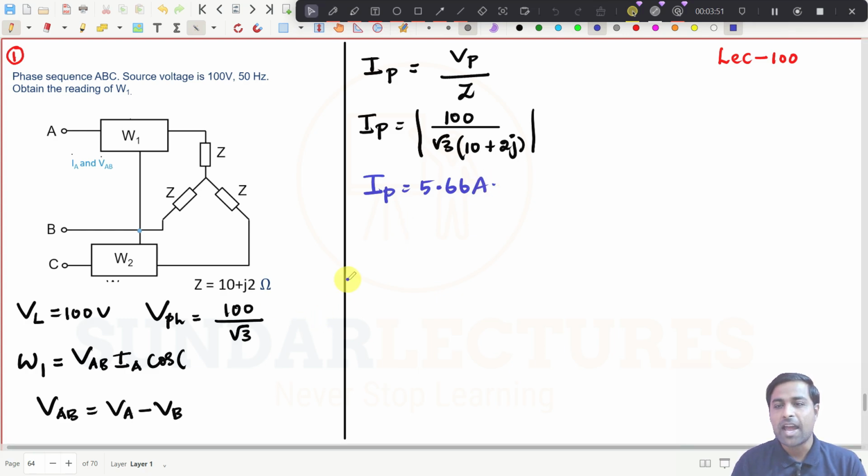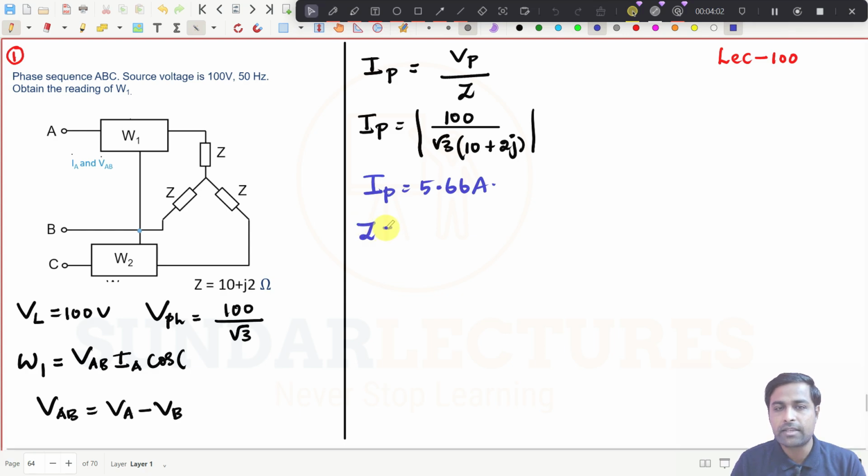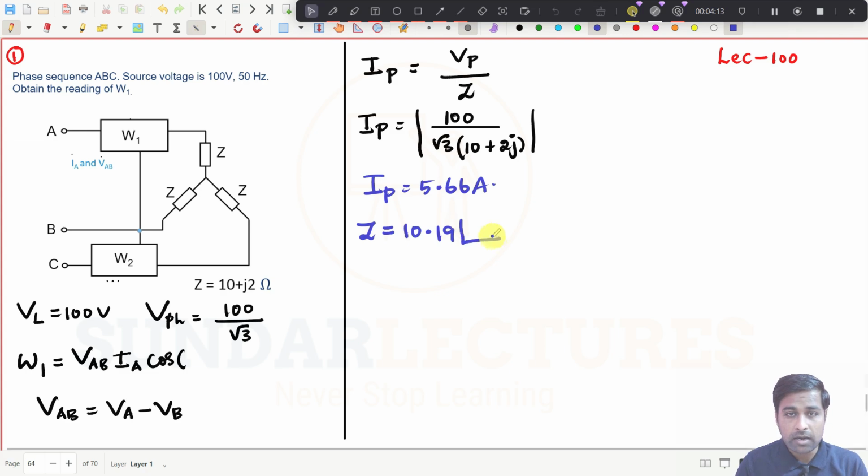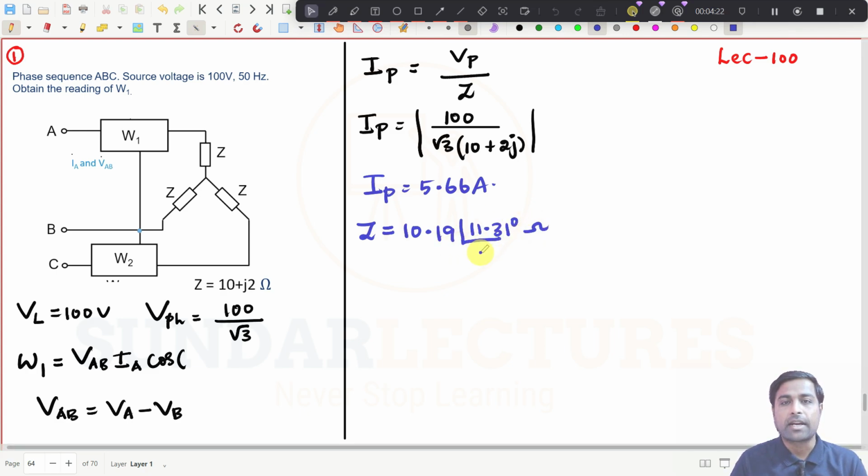Another thing: if you convert this Z from rectangular form into polar form, you will get Z equal to 10.19 at an angle of 11.31 degrees ohms.